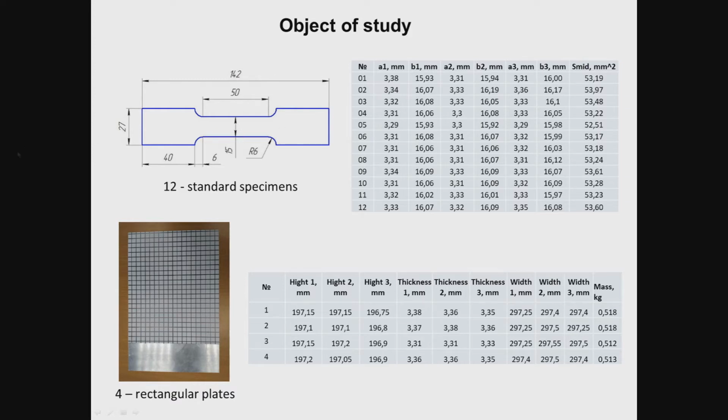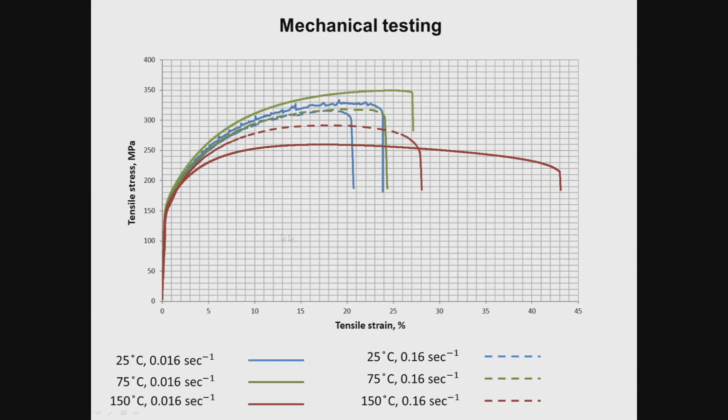The first 12 specimens were used to obtain primary mechanical characteristics of the alloy for different temperatures and strain rates. Rectangular plates were used to evaluate the ballistic limit of the material and to obtain dynamic displacement and strain fields.